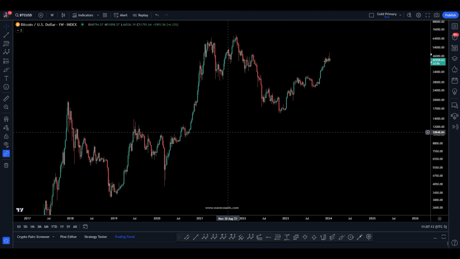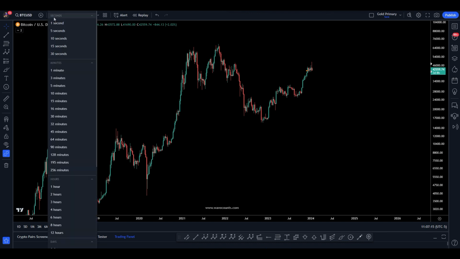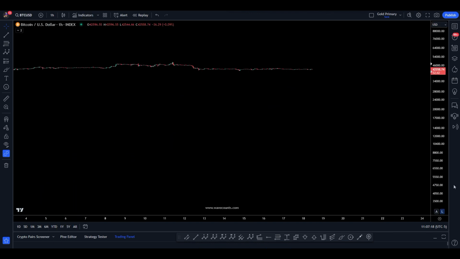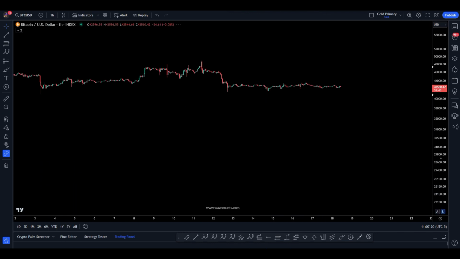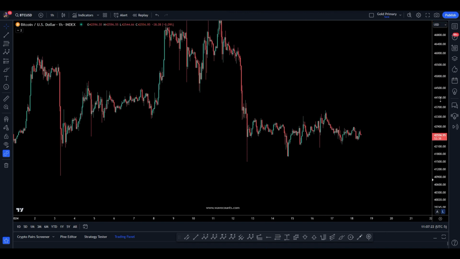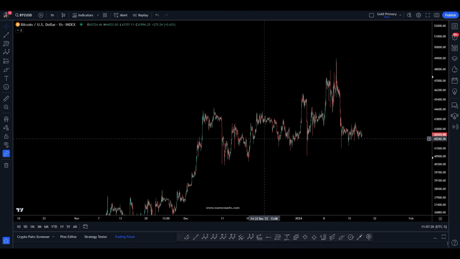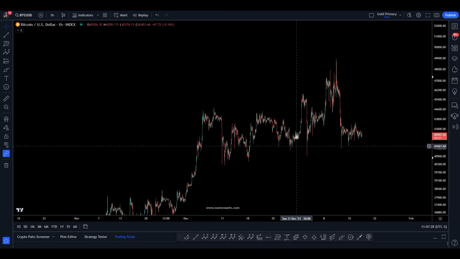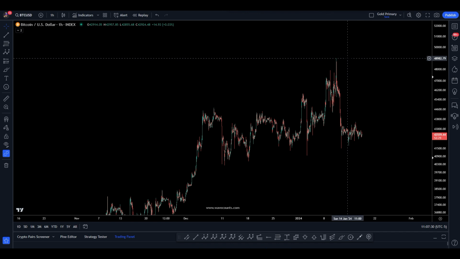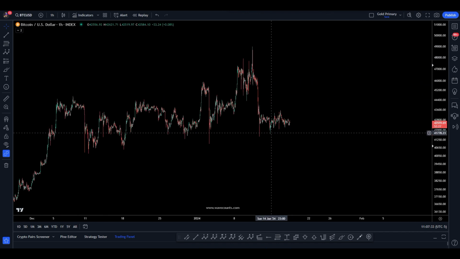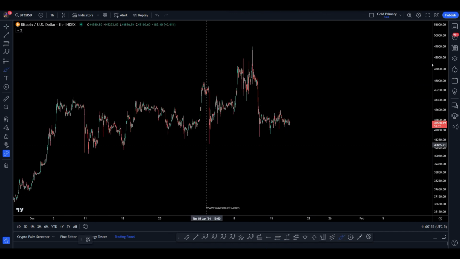So let's zoom in. What do we got here? We have something ending here to a high in 5 waves. Keep it simple. You have something going up in 5 waves.